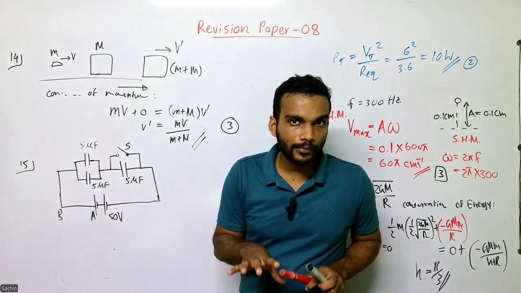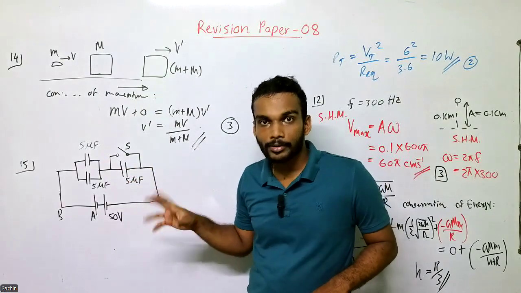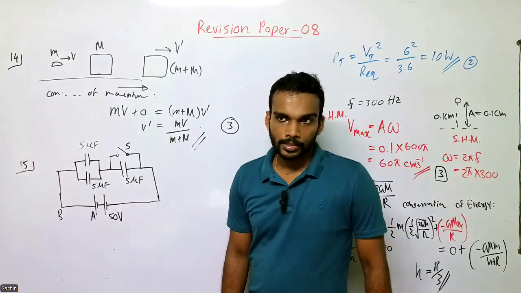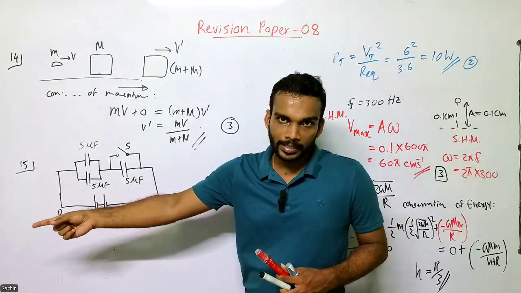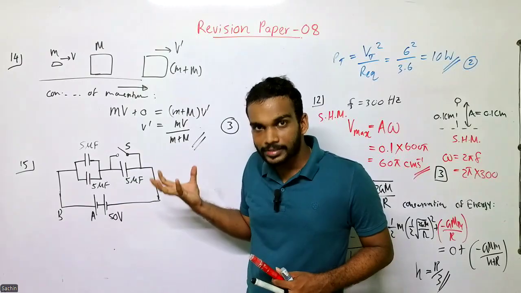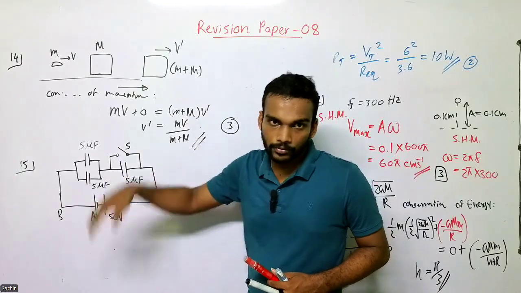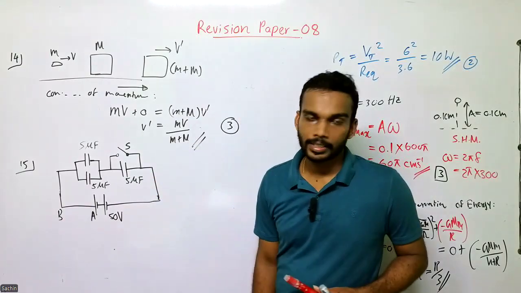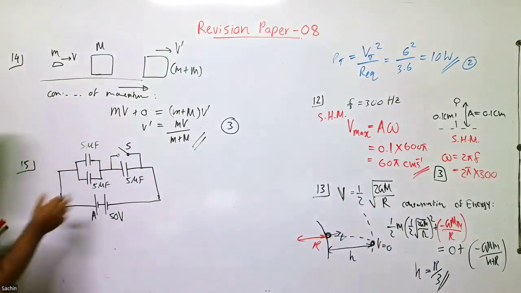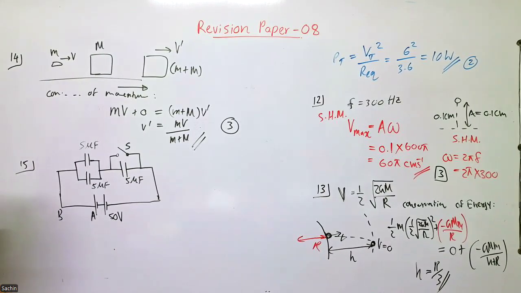For that new equivalent capacitance, again you can calculate the amount of charge stored by the capacitor system. So the previous value will be a different one. The charge you get before and the charge you get now will definitely differ. What will happen is that the difference of charge is what flows through AB.